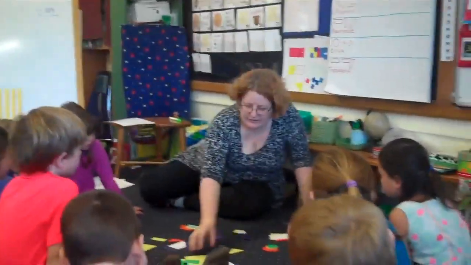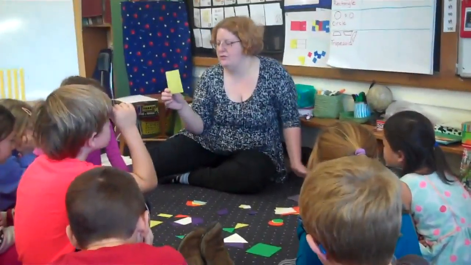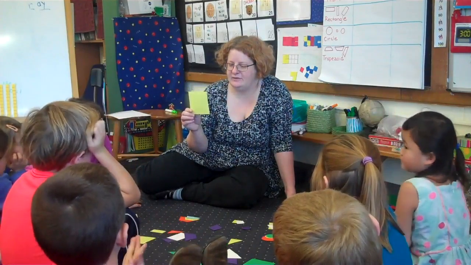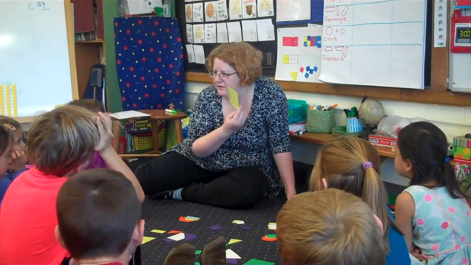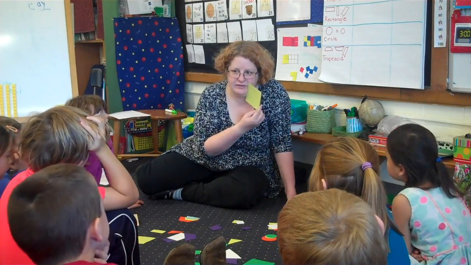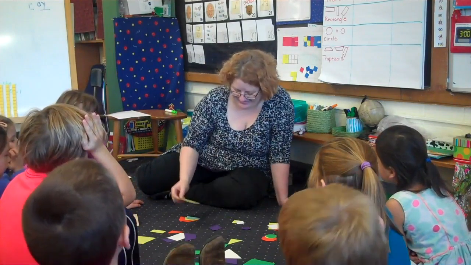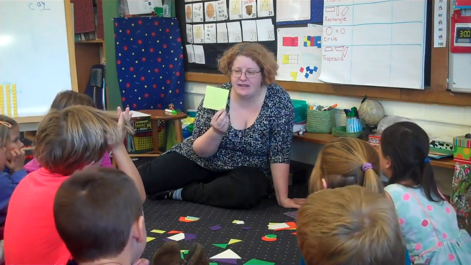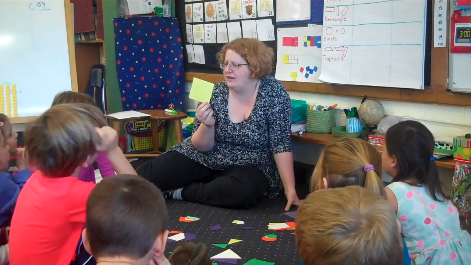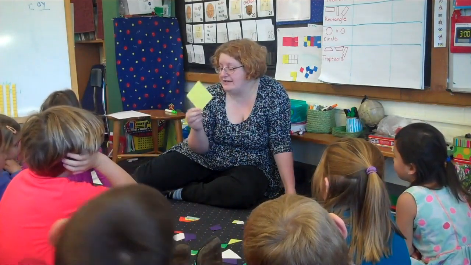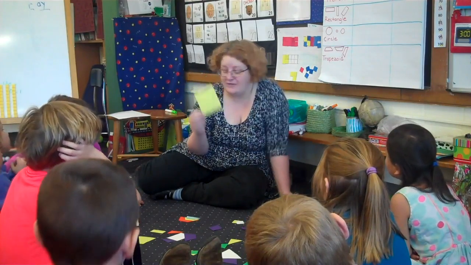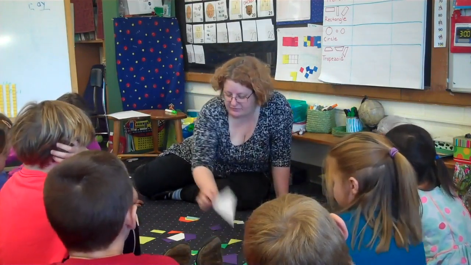Is this a square or a rectangle? It's a square. Guess what? Squares are also rectangles. They're also rhombuses. Squares are really funny things because they fit into a lot of different categories. Squares are considered rectangles, and they're also considered rhombuses. Right? Okay, and we have triangles.